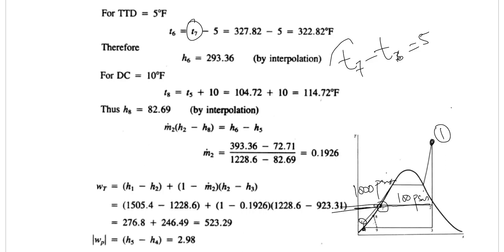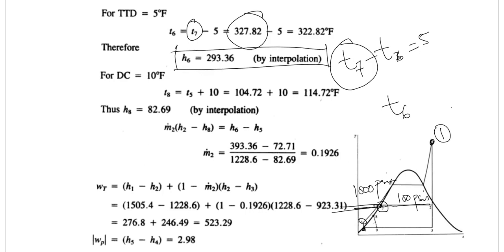Once you have the saturation temperature at 7, which is 327.82, subtract that 5 from it, and you can find the temperature T6. Once you have T6 and the pressure, go to the compressed table, or more likely you would not have a compressed table, so go to the saturation table, find the enthalpy from these two properties using interpolation.